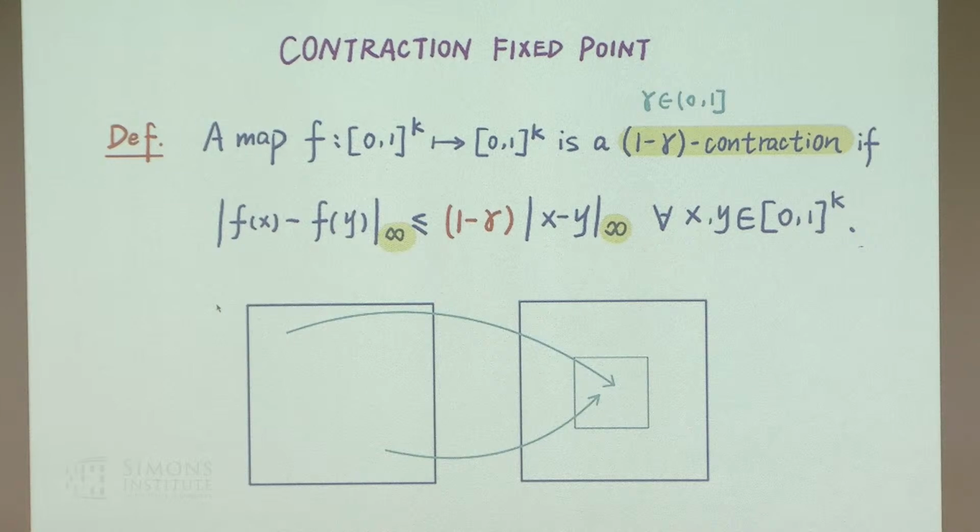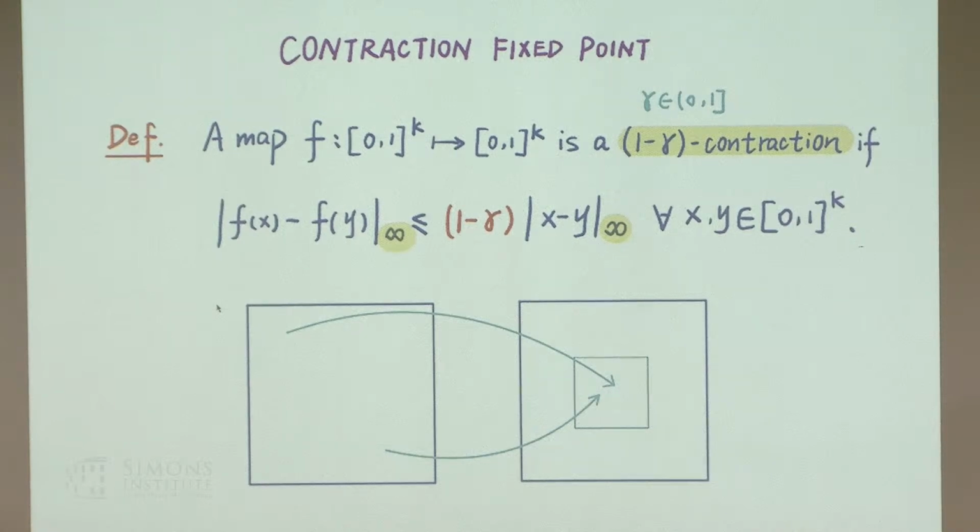Can you remind us what this distance metric is? Oh, right. Sorry. We are working with the infinity norm, which means the distance is defined as the maximal coordinate difference. It's not the Hamming distance.